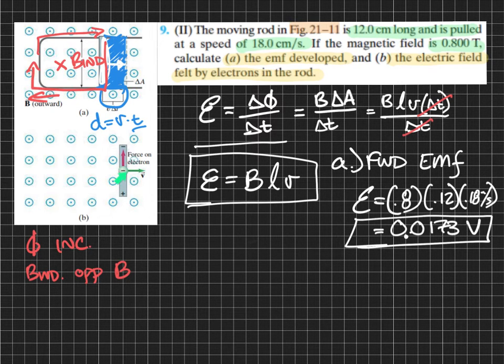If we point our fingers out of the page and our thumb to the right, in the direction of this green arrow, then our force is going to be pointing towards the top of the page. This is the force on the electron. If the electron has a force in that direction, then our current would be flowing in the opposite direction.